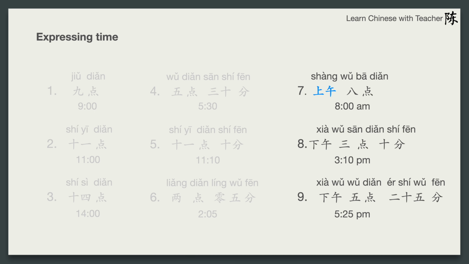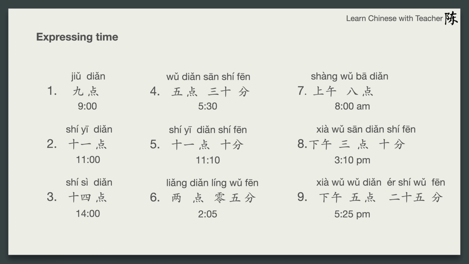In Chinese, 上午 means in the morning, 下午 means in the afternoon. And in Chinese, we put 上午 and 下午 in the beginning, then followed by the time. It's different compared with English. Okay, that's all about how to express time in Chinese.